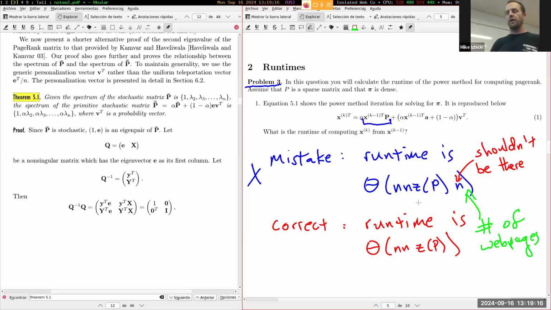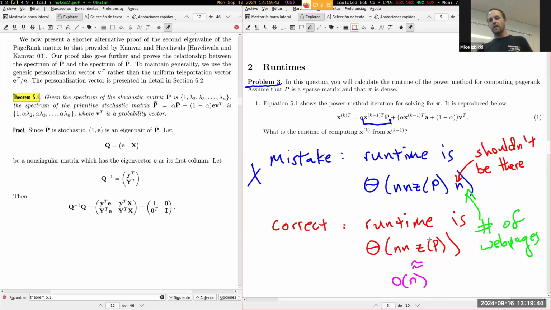Anything superlinear, anything bigger than linear, is just totally out of the question. A quadratic algorithm on the number of web pages is out of the question. We need something with a linear runtime. One of the things that the paper stated is that our nnz of P, the number of non-zeros of our matrix, we should assume is upper bounded by the total number of web pages, that it is O of n.